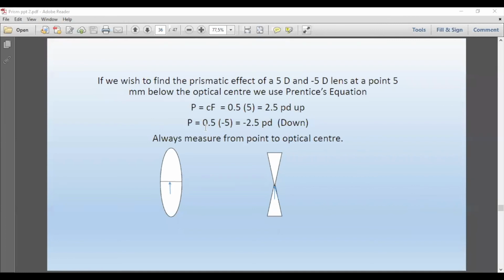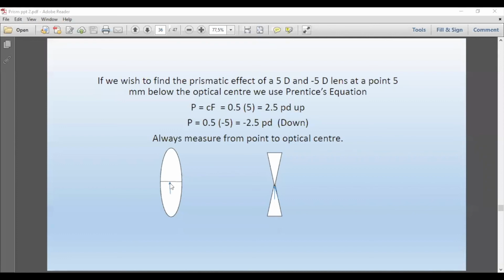Here again, whether you use the maths or simple arithmetic, we're going to follow signs. We are looking at a point on this lens 5 millimeters below the optical center. If we follow the sign convention, we are going from that point up to the optical center, so that value is positive. You can see over here, the 0.5 is positive.